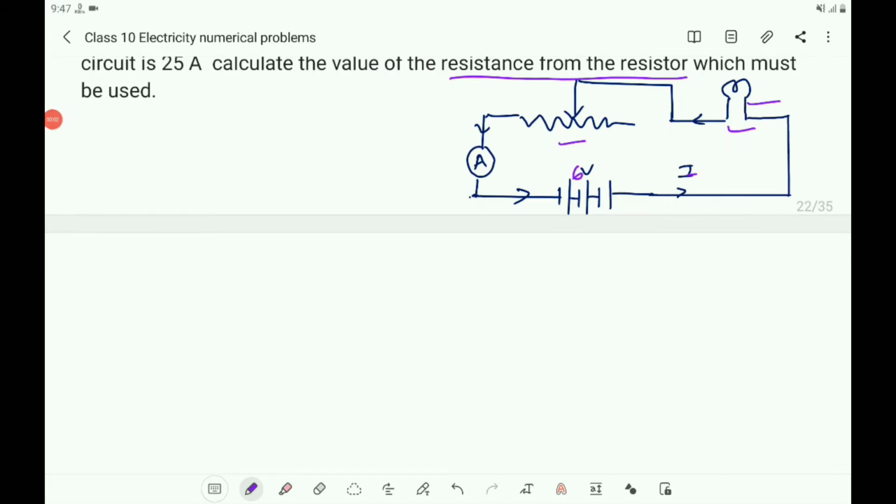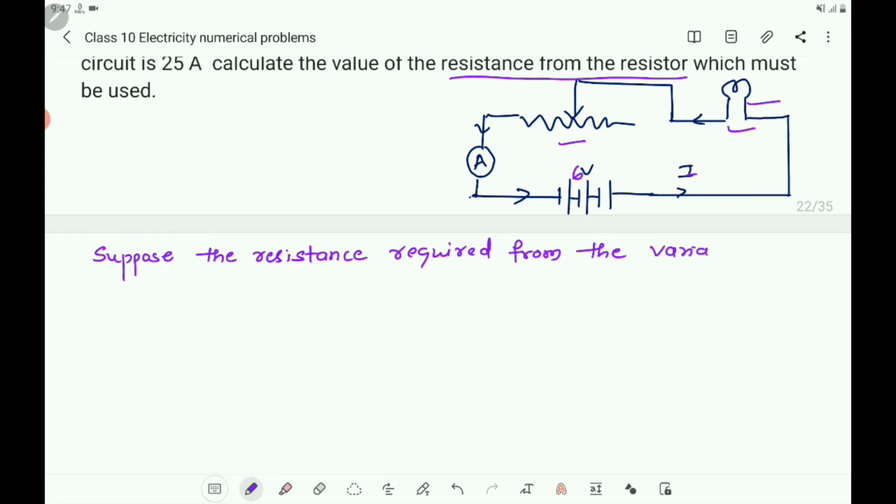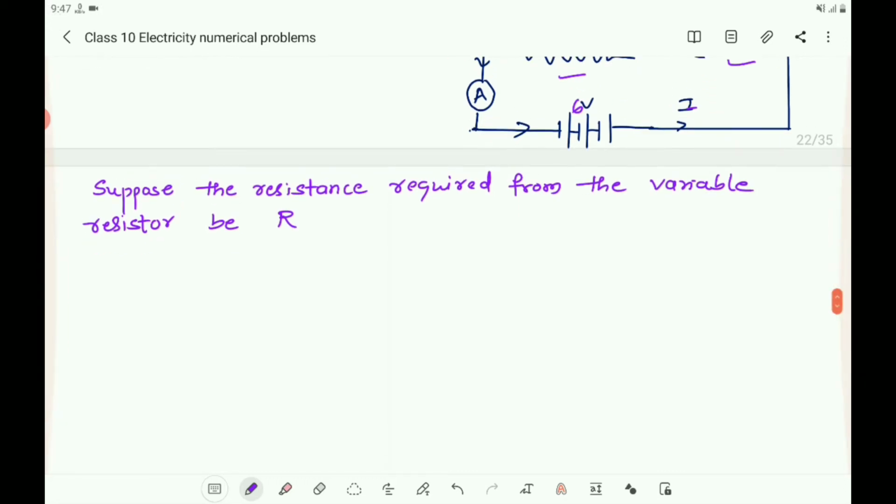So let us suppose R is the resistance required from the variable resistor.